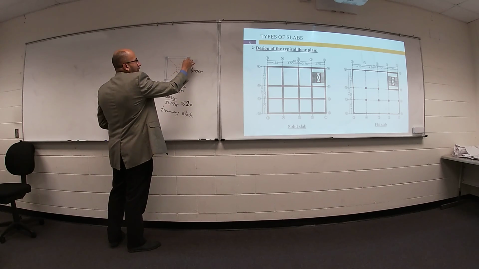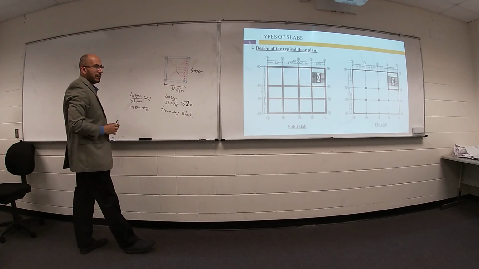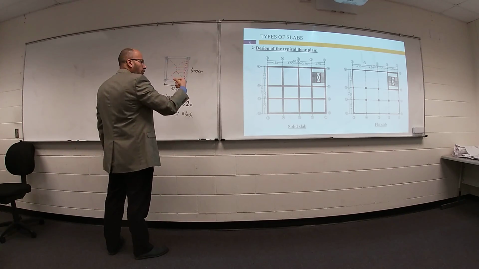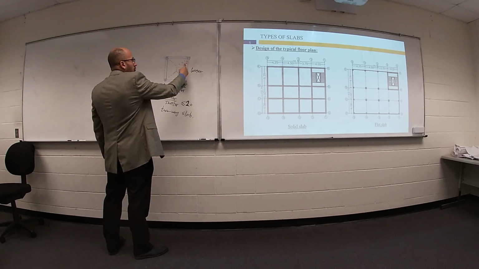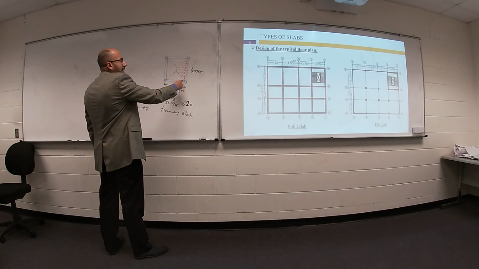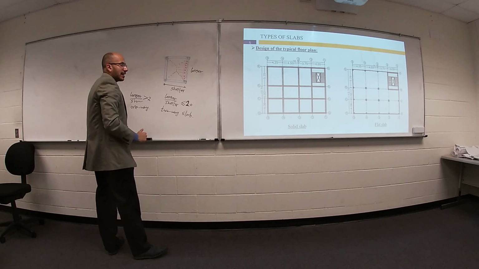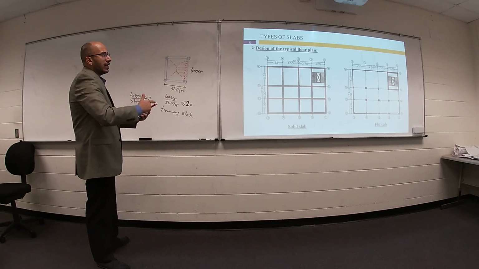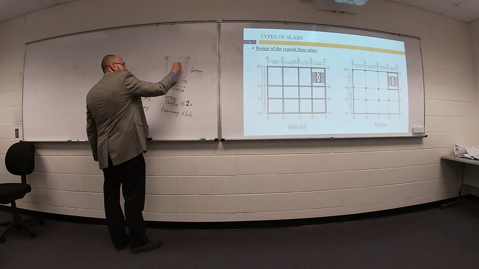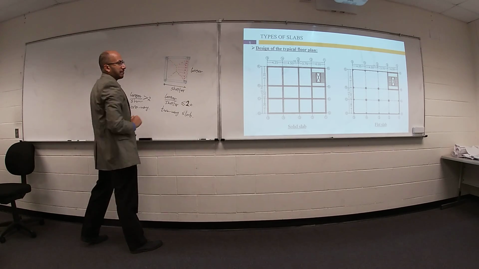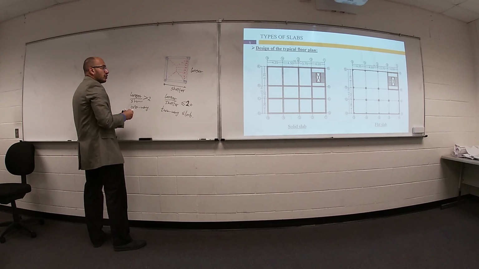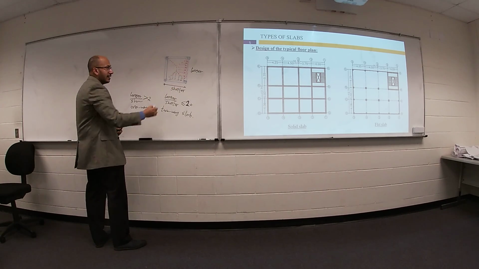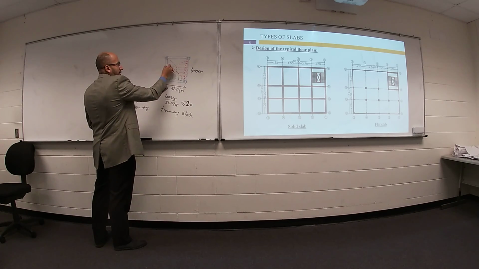So if you would like to analyze this beam, you have to put a uniform distributed load or trapezoidal distributed load equivalent to this area with everything on this area. If you have live load, covering, dead load, everything on this area must be assigned to this beam. And each beam has an assigned area. Sometimes it's a triangle, sometimes it's a trapezoid.